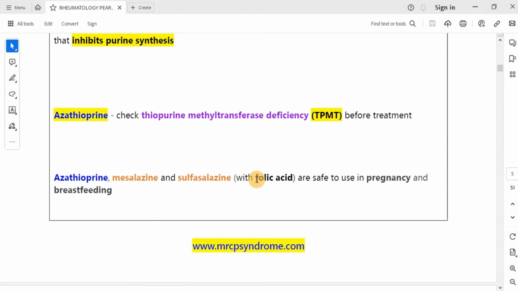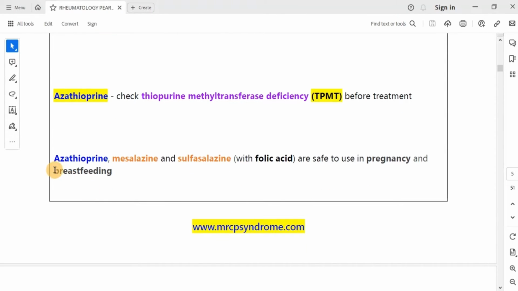But remember to give concomitant folic acid with these drugs. Especially if there is rheumatoid arthritis or ankylosing spondylitis and the patient is pregnant, then usually we start the treatment with azathioprine.